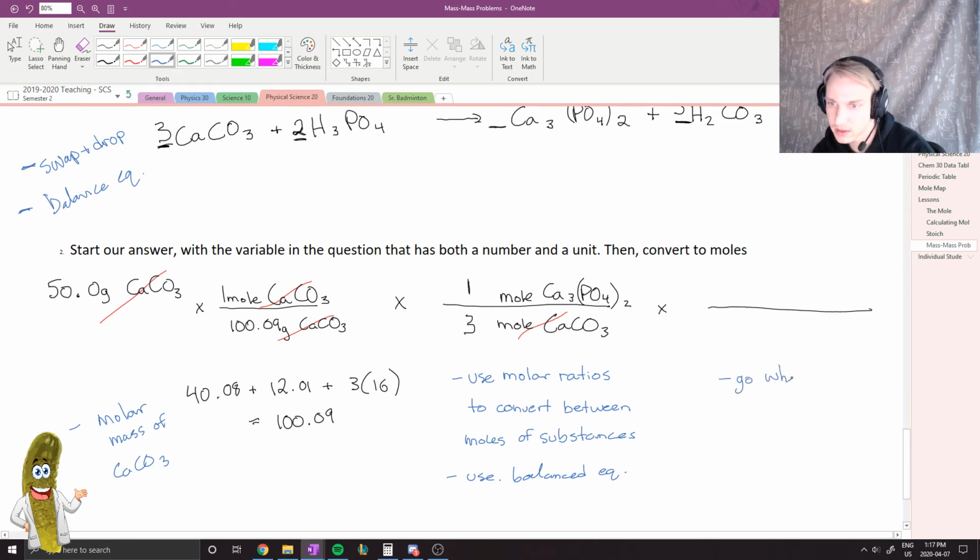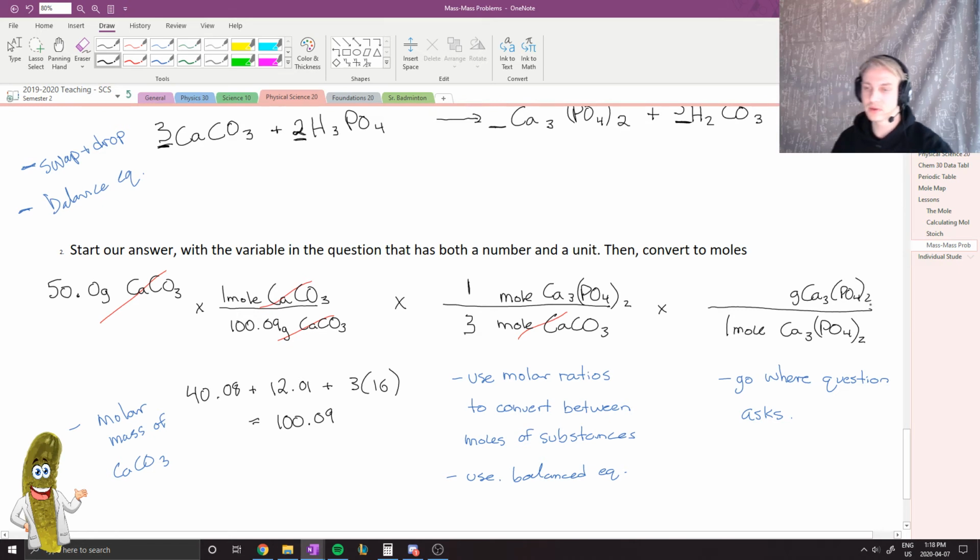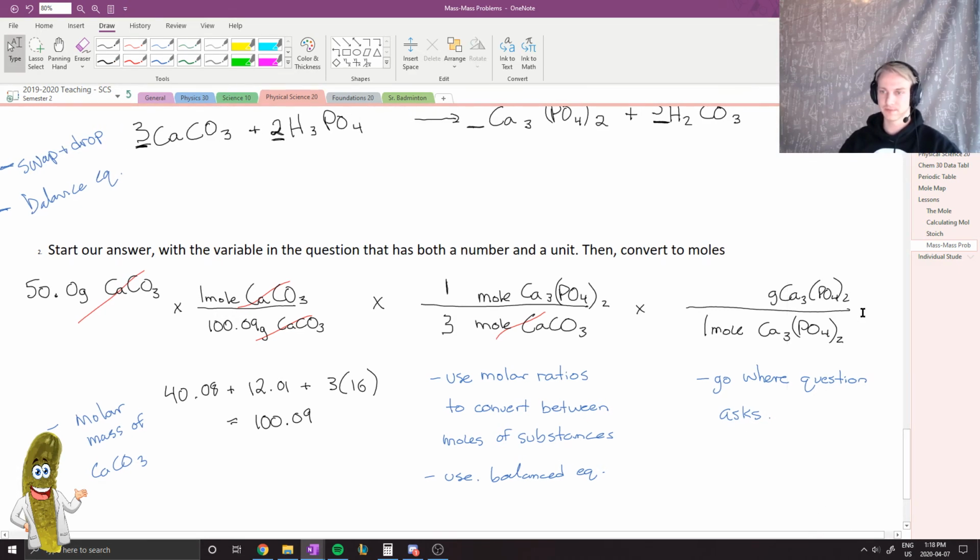Go where the question asks. The question asked us to get out of moles of Ca3(PO4)2, and it asked us to find out how many grams of Ca3(PO4)2 were present in this reaction.